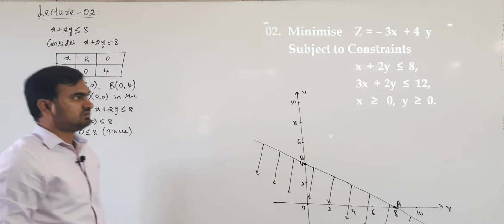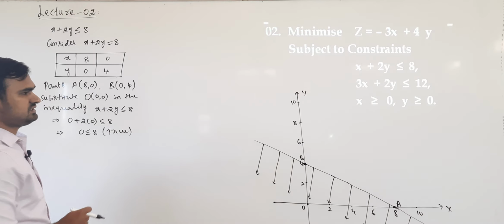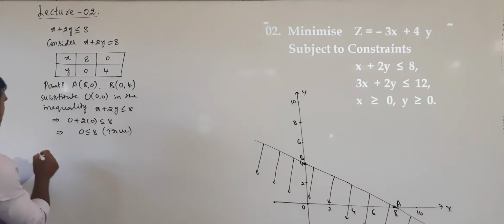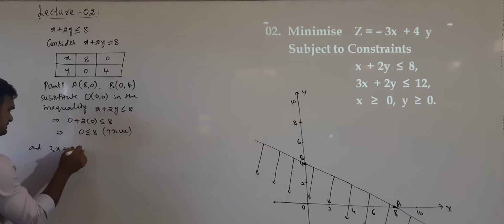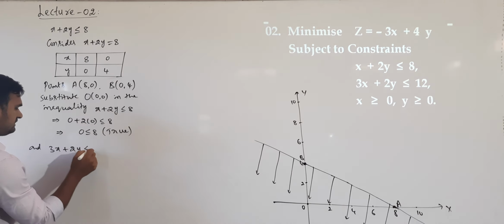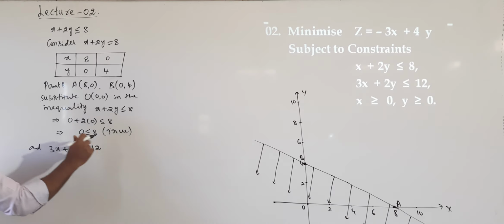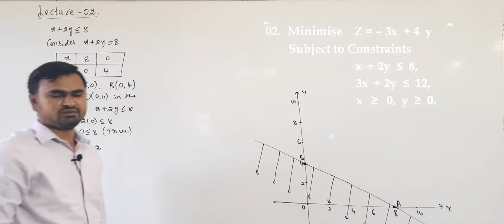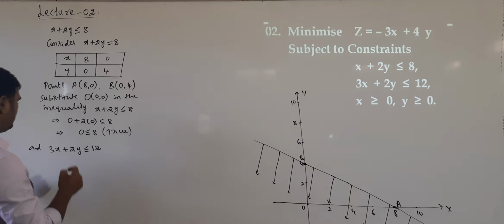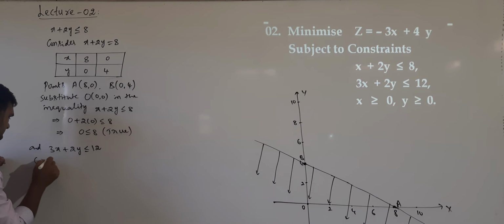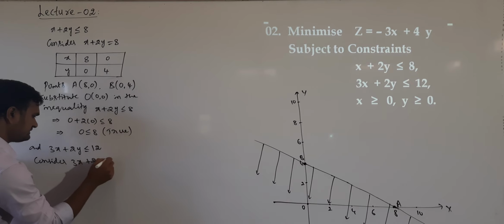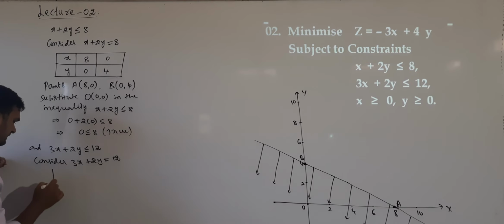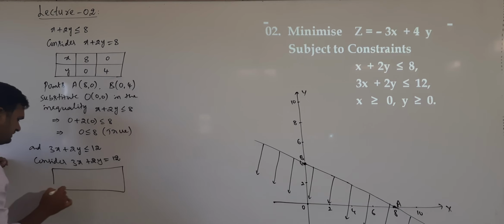Next, we will take another inequality. 3x plus 2y less than or equal to 12. So again for drawing this inequality, we replace inequality with equality. Consider 3x plus 2y is equal to 12 and find their point of intersection with coordinate axis.